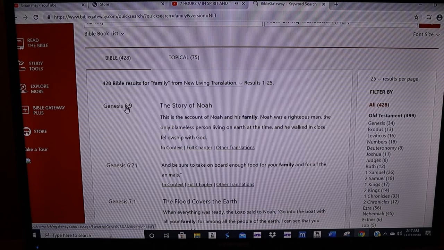So you have chapter and then colon and then you have verse. So chapter 6 verse 9, and you read that whole verse right there, and then for better understanding you can read the entire chapter. So the verse is verse 9, and then the entire chapter is chapter 6.